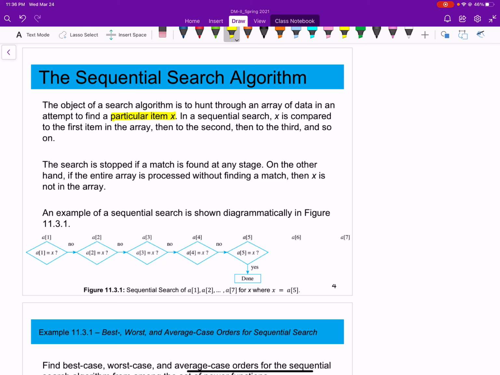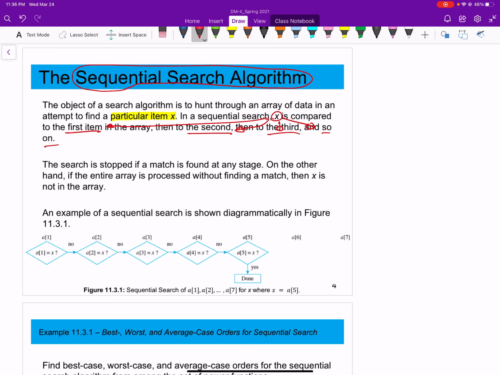All right. In a sequential search, X is compared to the first item. First you compare this X with the first item, and then to the second item, and then to the third, and so on. So you keep on comparing X to each item, and keep on doing that. That is known as a sequential search algorithm.